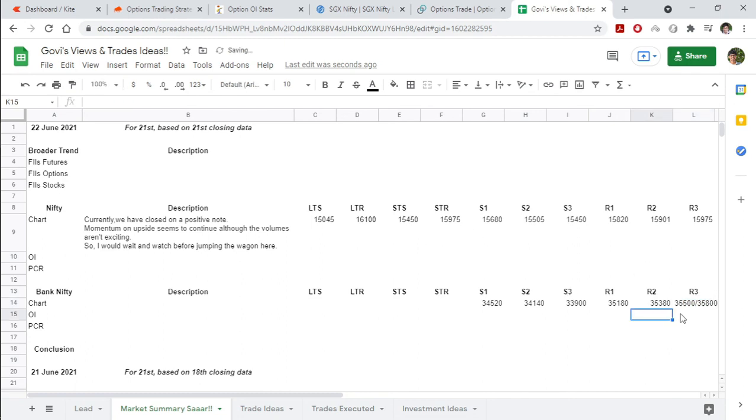So that's on Bank Nifty, but let's just stick to 35,500 for now. Short-term support would be 33,900 again, and long-term resistance would be 36,000.